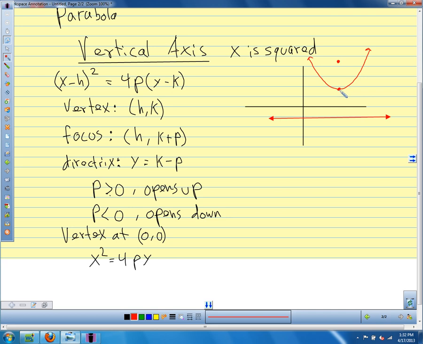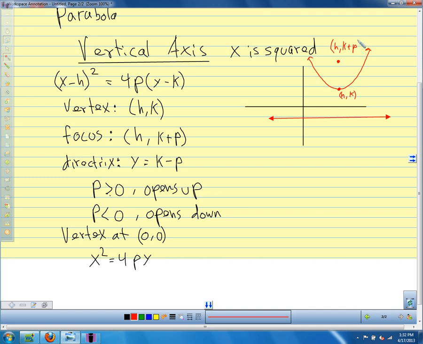The vertex is at the point (h, k), whatever the coordinates. Our focus is always inside the parabola, so this is going to be at the point (h, k plus p).